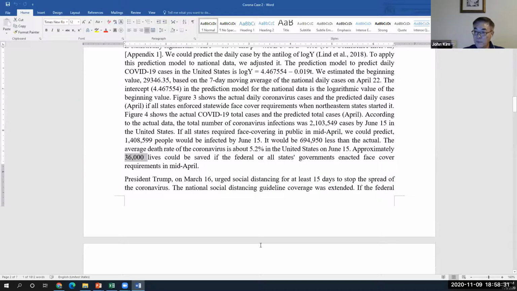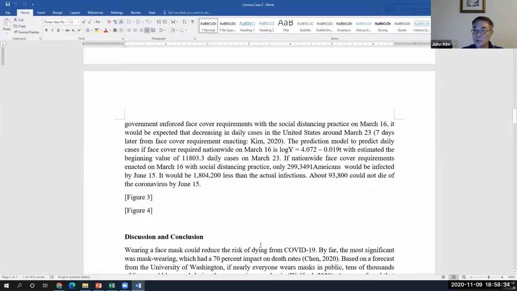And then if a nationwide face mask requirement started in mid-March, then 1.8 million fewer people infected in total, and then with a 5.28% average death rate, about 94,000 fewer people died. That was our forecasting.